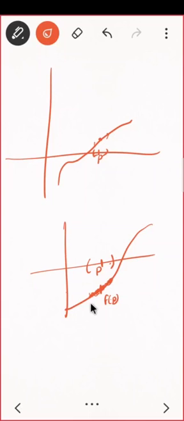Is that clear? Do you see that this thing is true for any continuous function? And continuity is quite important here. If you do not take a continuous function, then there will be some issue.